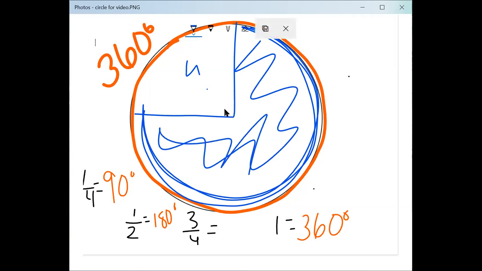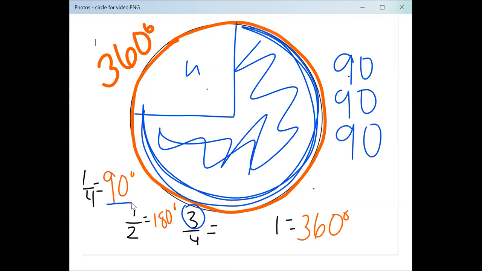This is where it gets a little tricky, because you can see that the denominator is 4. So you think, okay, well, we'll do 360 divided by 4. And that is true. But I don't just have 1/4, I have 3/4. The good news is I don't have to divide again, because I know that 1/4 is 90, right? So if I have 3 90-degree angles, what does that sound like?